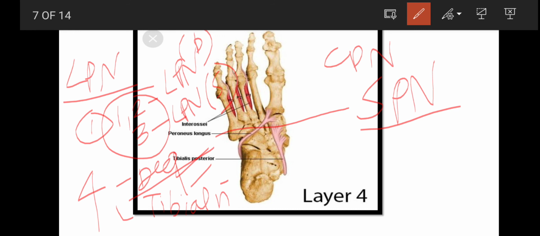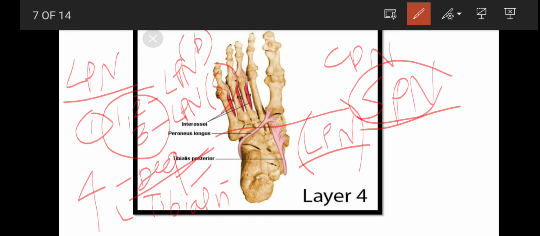So the supply is like this: all the interossei are supplied by lateral plantar nerve. Then tibialis posterior is supplied by tibial nerve. Peroneus longus is supplied by superficial peroneal nerve. Understand from where they arise, and you can know the supply. There is an exception in each of the layers.